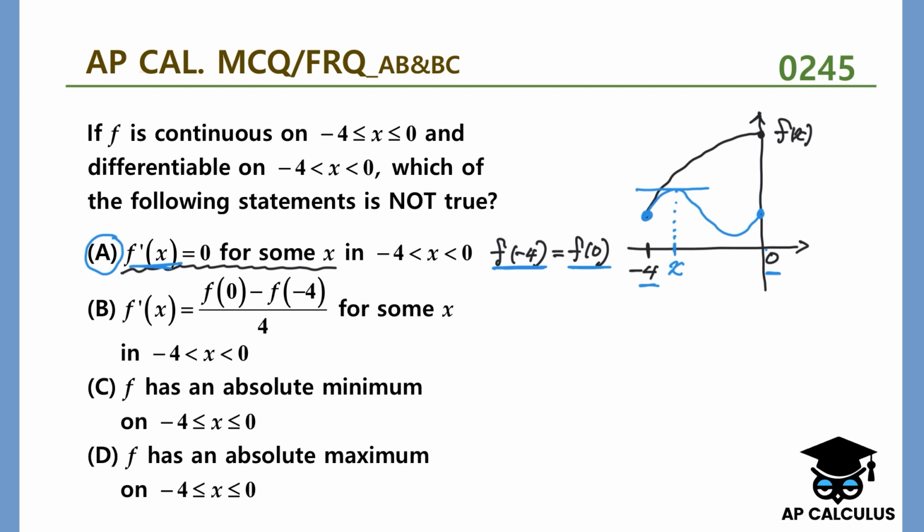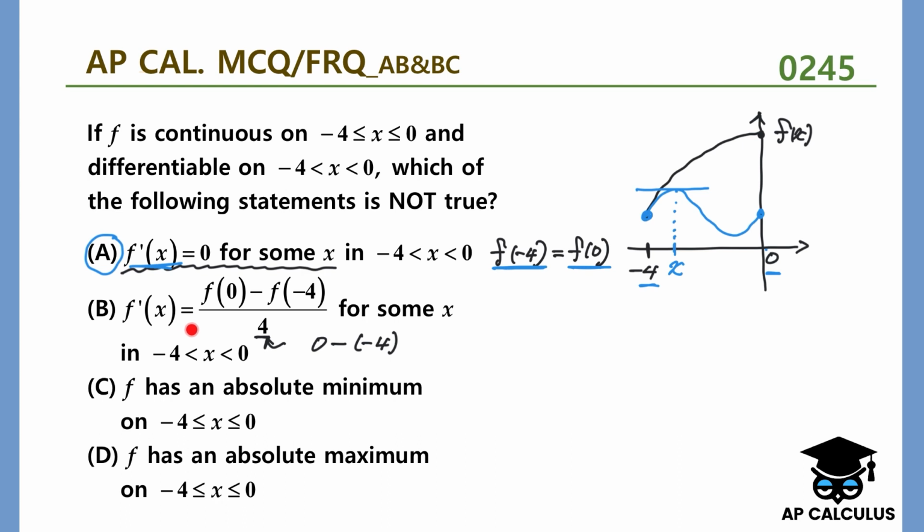Okay? Answer choice B. F prime is equal to f of 0 minus f of negative 4 over 4. This is actually the average rate of change of f on this interval, right? Here, y2 minus y1 over x2 minus x1. This denominator, x2 minus x1, is equal to 4. So that's the average rate, the slope of the secant line.